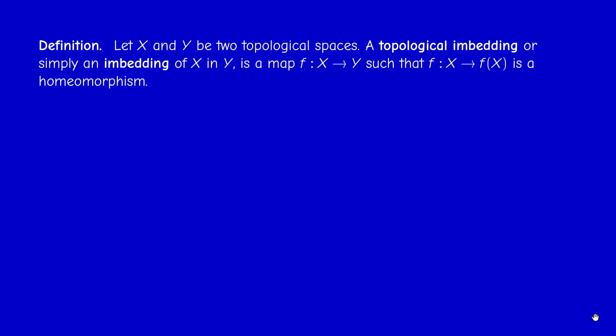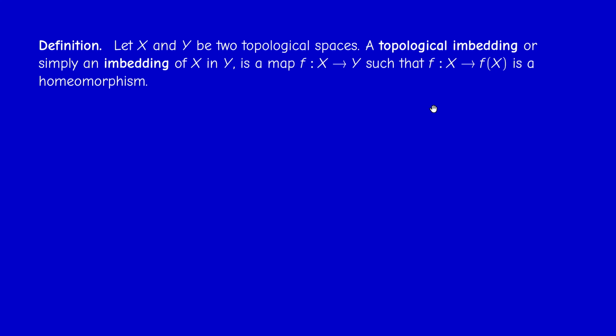And the last concept that I shall cover in this video is the concept of embedding. Now, we don't always have homeomorphisms from X into a space Y, but you may have something a little bit weaker. So we may have a homeomorphism from a space X into its image.